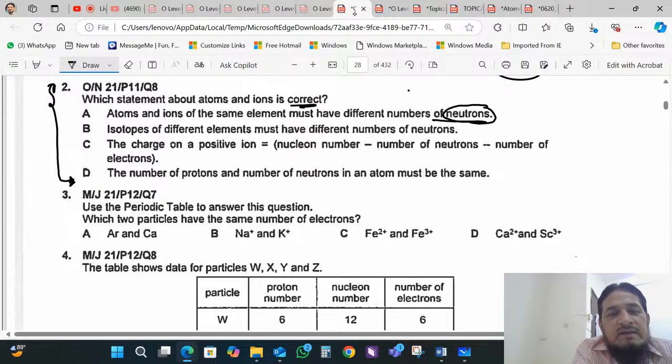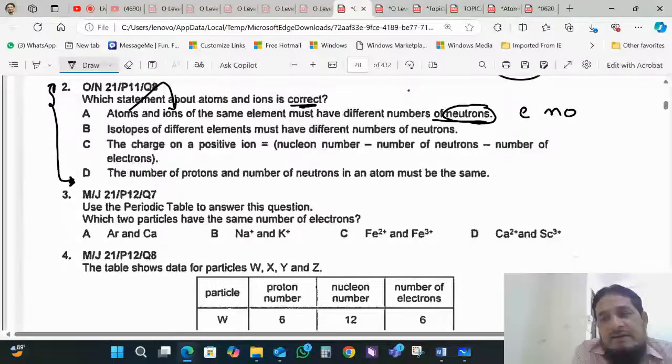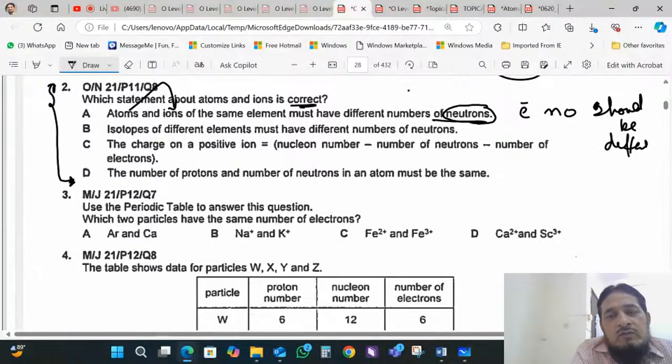When atom and ions are there, their electrons should be different, but not the neutrons. Then isotopes are atoms of the same element which have the same proton number but different mass number.